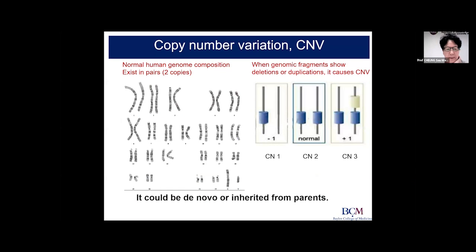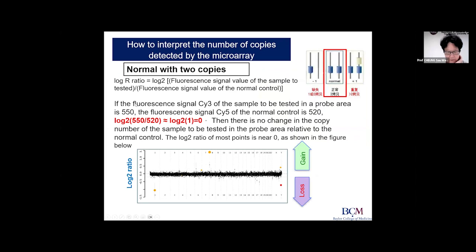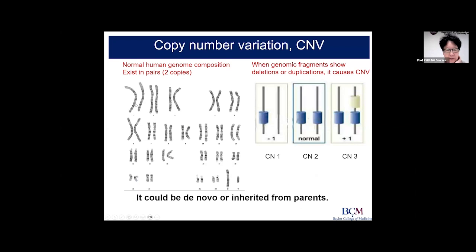The copy number variation is, as I mentioned last week, that the human chromosome composition is in pairs, right? So it's 2 copies each.